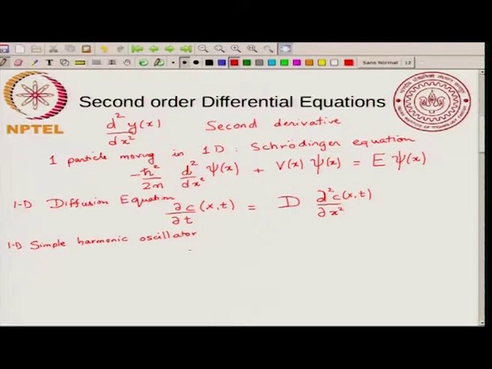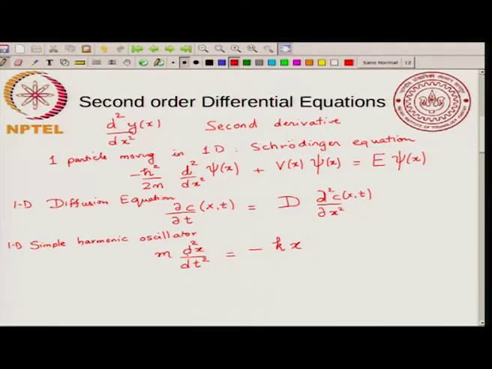Then you have d square x by dt square times the mass. This is the force on the particle attached to the spring, and this is equal to minus k times x, where k is the spring constant. Now this is a second derivative of x, so this is also a second order differential equation.